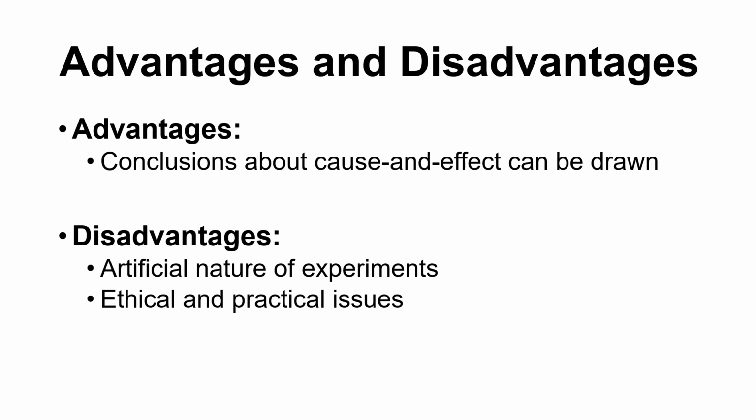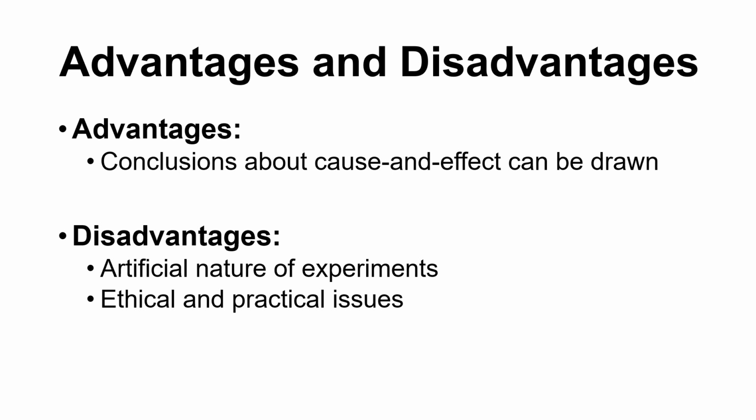We also need to keep in mind things like ethical and practical concerns. There are definitely certain things that people might be curious about, but it's not ethical to study. So you can't do manipulations that would cause harm or make people uncomfortable. You can look at a bunch of early psychological experiments and question the ethics of having conducted some of those.